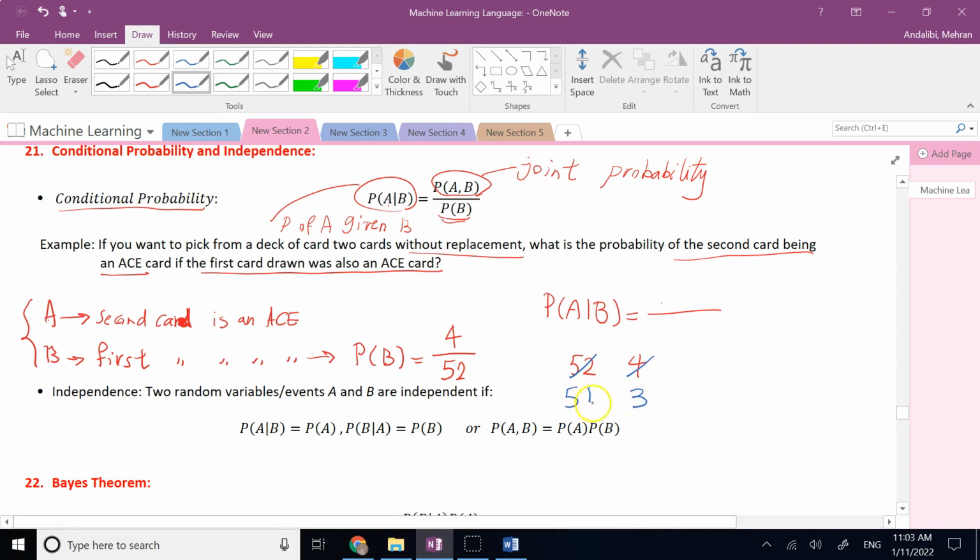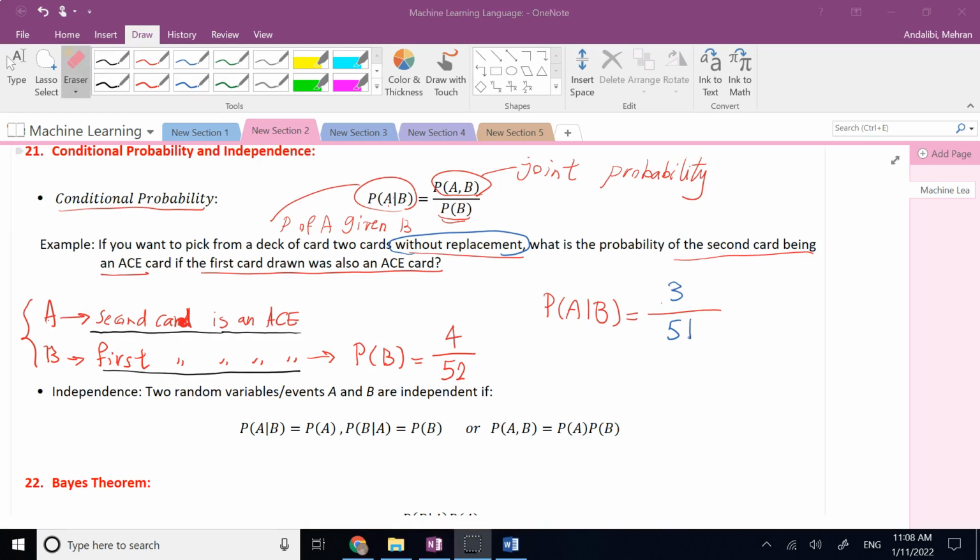You did not return the card, it was without replacement. So now you only have 3 out of 51. That's the chance of drawing a second ace out of 51 cards when one of them was already taken. So P of A given B, I can directly calculate this way.